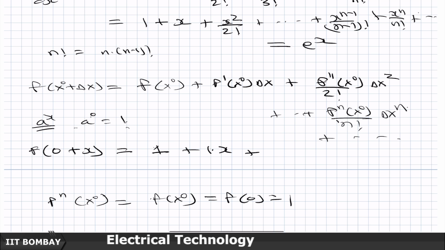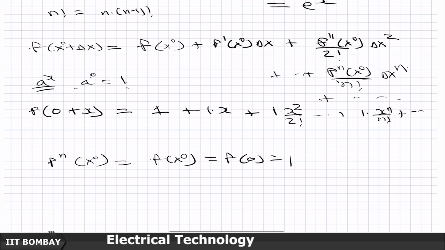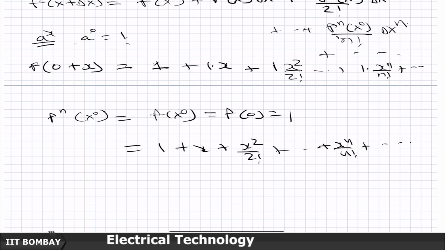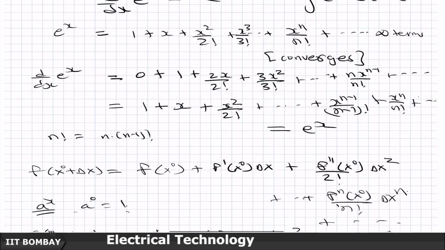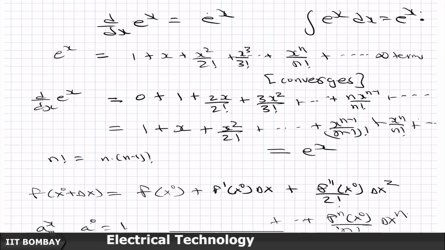So, you will get the third term as 1 into x square by 2 factorial, and so on, up to 1 into x to the power n by n factorial and so on, which is same as 1 plus x plus x square by 2 factorial and so on, which is exactly what I had written here.